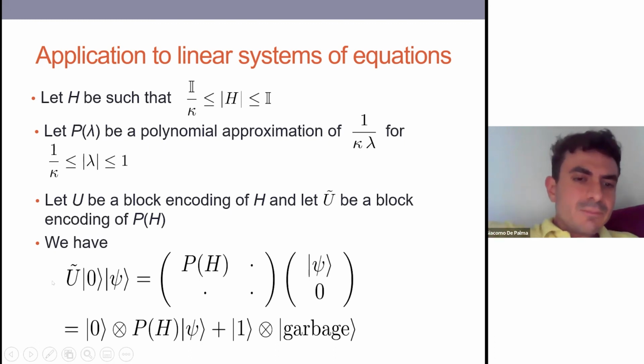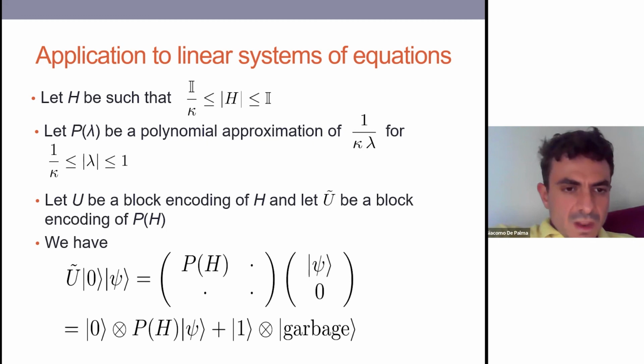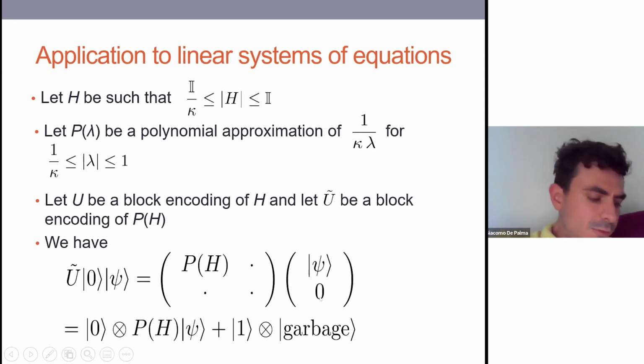And this means that we have this block encoding U tilde. If we apply this U tilde to a state of the form 0 tensor psi, so U tilde is a block encoding of P of H, and then we'll have this form. And 0 tensor psi can be seen as a vector like this that has psi in the upper component and 0 in the lower component.